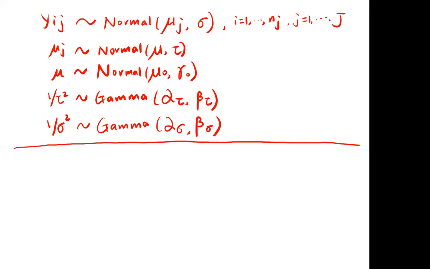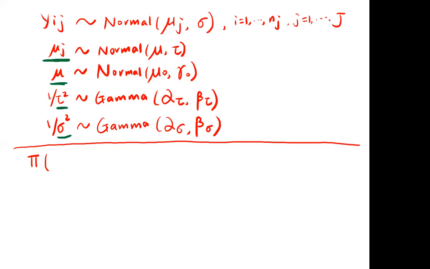Okay, so last time I was trying to make sure that we all know how the hierarchical model is set up in terms of writing the joint posterior. So let me just start that for you. What do we have? We have all of the parameters, which includes capital J number of mu_j's, and then mu, tau, and sigma.